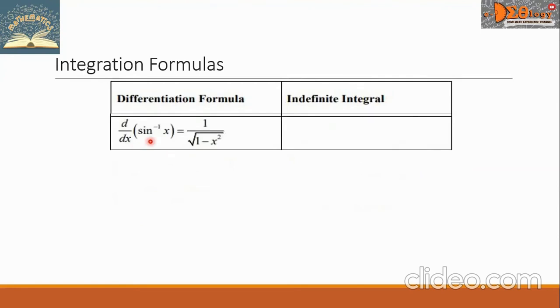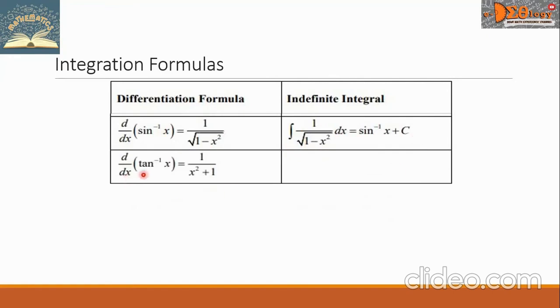The derivative of sine inverse x equals 1 over the square root of the quantity 1 minus x squared. The integral of 1 over the square root of the quantity 1 minus x squared, then dx, equals sine inverse x plus c.